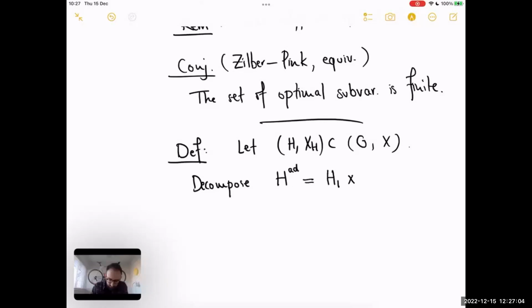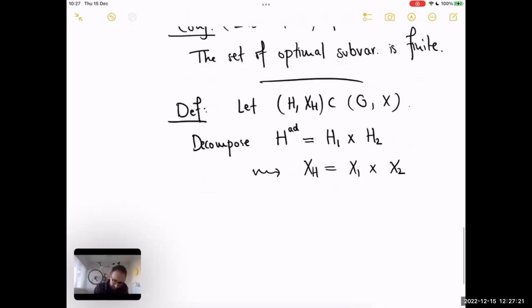this adjoint group as a product. Maybe you have one of these groups trivial. You genuinely want a looser notion, but this gives you a decomposition of the corresponding Hermitian symmetric domain. And then I introduce the notation X_H little x2 for this fiber, which is X1 times the point x2 in the second factor.